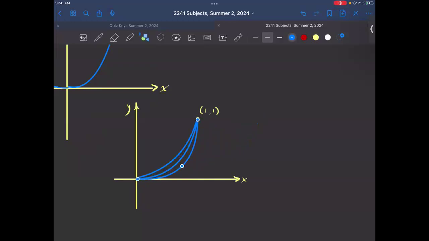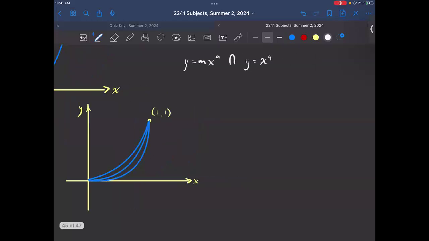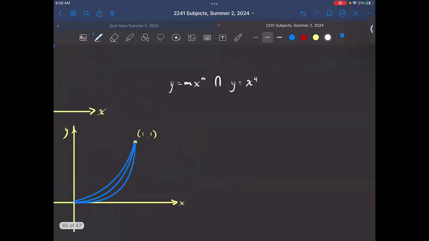And so what we want is to figure out, okay, for y equals m x to the a power, where does this intersect y equals x to the 4th power? So what is that intersection?